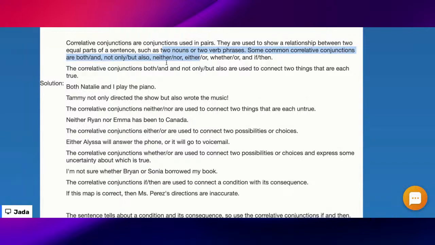So we have the equal parts, they show the relationship between them, such as two nouns or two verb phrases. Some common correlative conjunctions are both and, not only but also, neither nor, either or, whether or, and if then. So these are the correlative conjunctions.